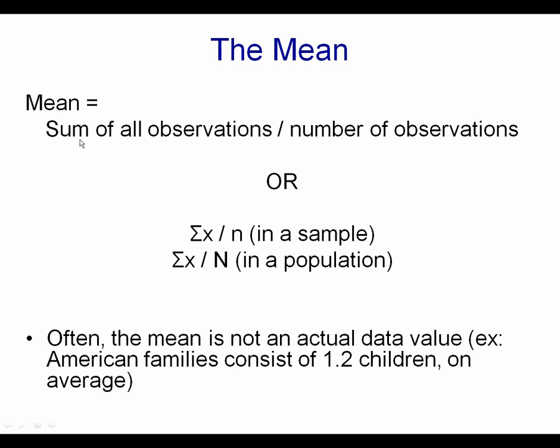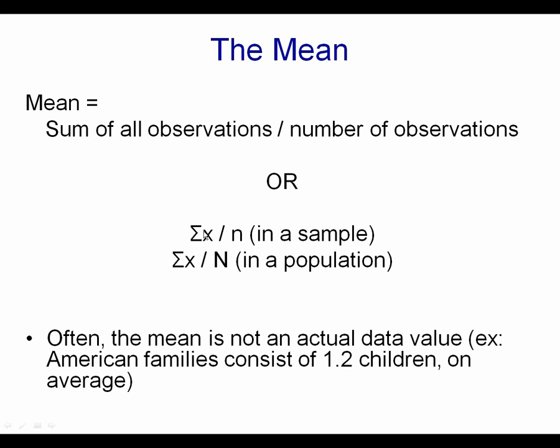So the mean is equal to the sum of all observations divided by the number of observations. Okay, and remember the number of observations was n, the letter n, as in Nancy, and the sum of all observations was sigma, the Greek letter sigma.